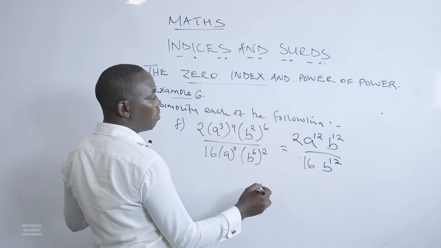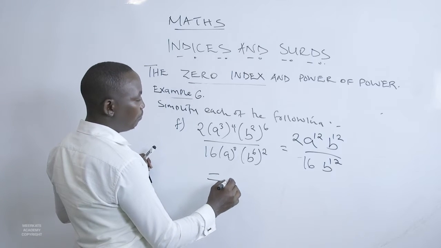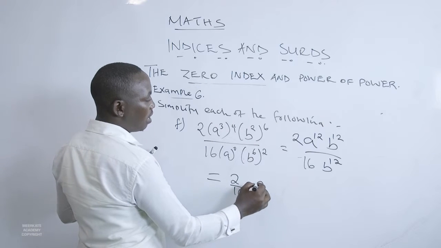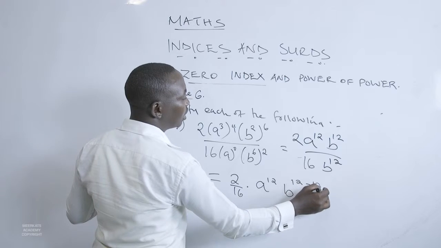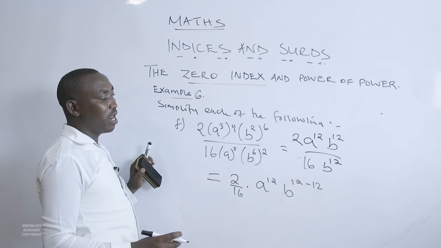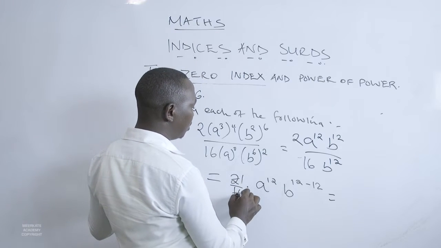So when you simplify this, we are going to have 2 over 16 multiplied by a raised to 12, b raised to 12 divided by b raised to 12. So this one simplified, 2 there 1, 2 there 8.